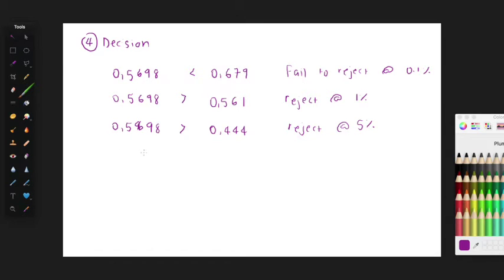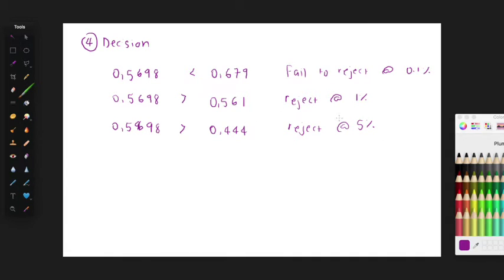Okay, then our conclusion will be that because we failed to reject at the 0.1%, we can say, given our null hypothesis, that the correlation coefficient is equal to 0, then when we fail to reject that, we're saying that rho is not different from 0. Here we're saying that rho is different from 0, and over here as well, rho is different from 0.